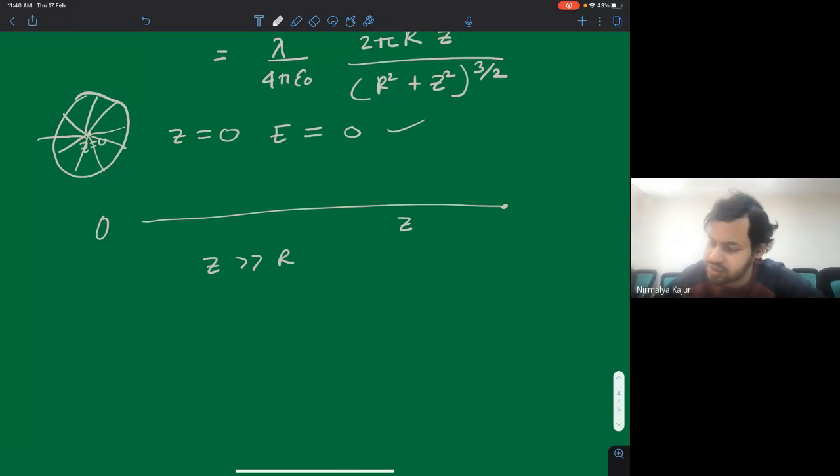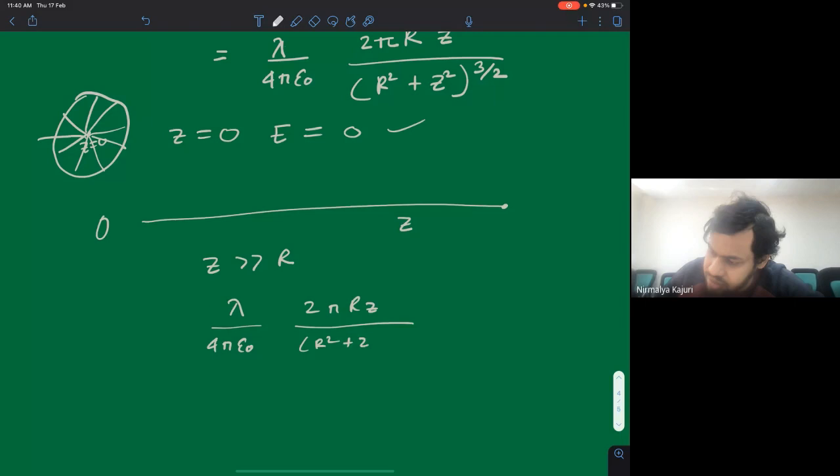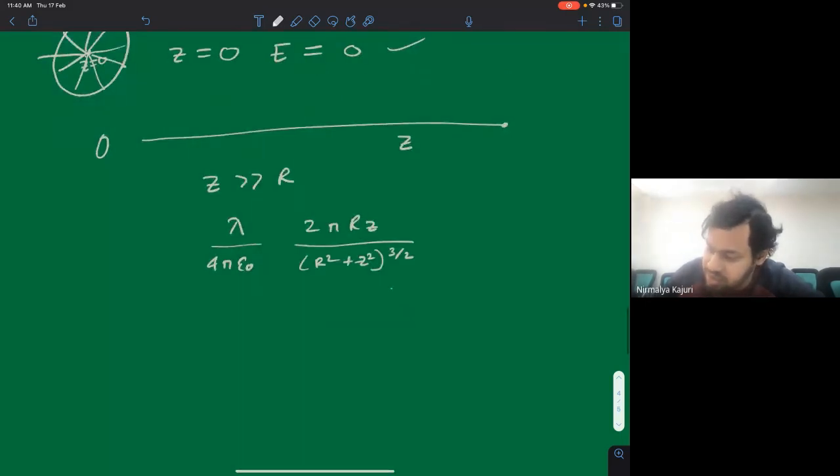So let's check. So I have lambda by 4 pi epsilon naught, 2 pi r z, over (z squared plus r squared) to the power 3 by 2. What I'm saying is z is much, much greater than r, which really means that whenever I add z and r, I can neglect r.